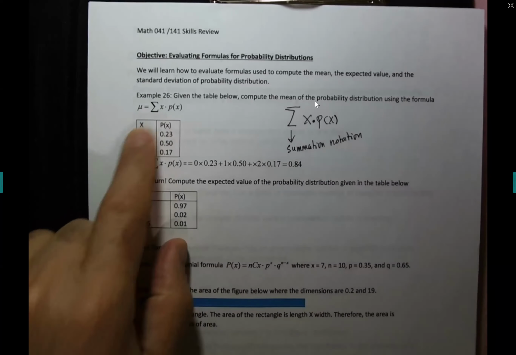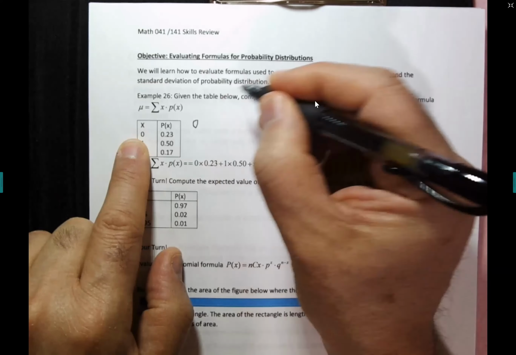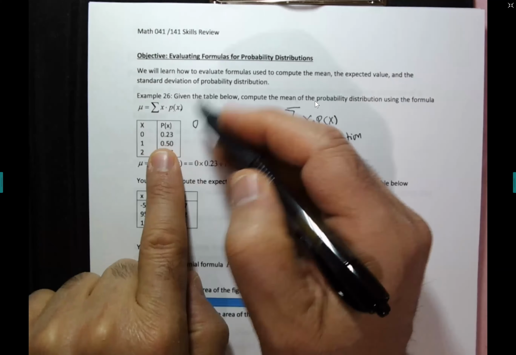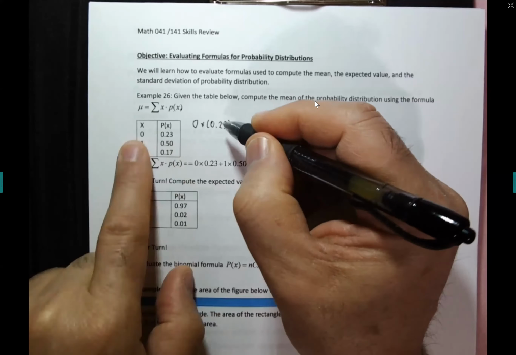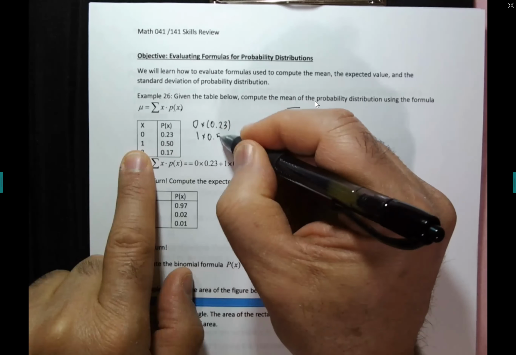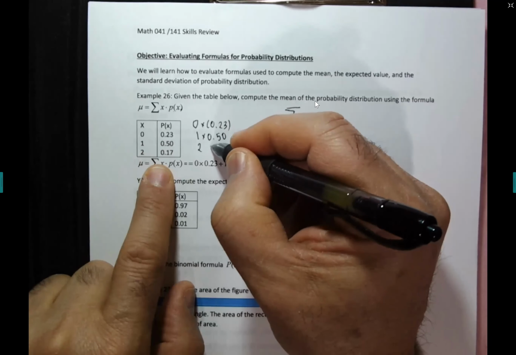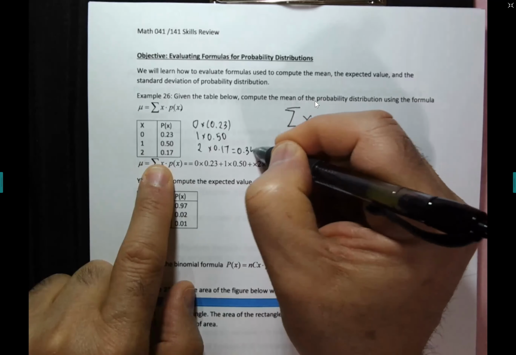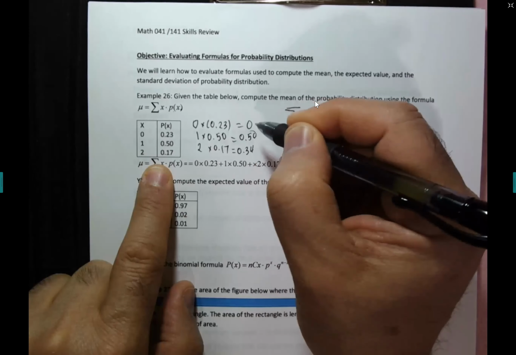You come to the first x, which is 0, and multiply it by the P of x which corresponds to it, which is 0.23. Then you go to the second x, 1, and multiply by 0.5. Then you go to the 2 and multiply by 0.17. So you get here 0.34, and you get 0.50, and you get 0 here.